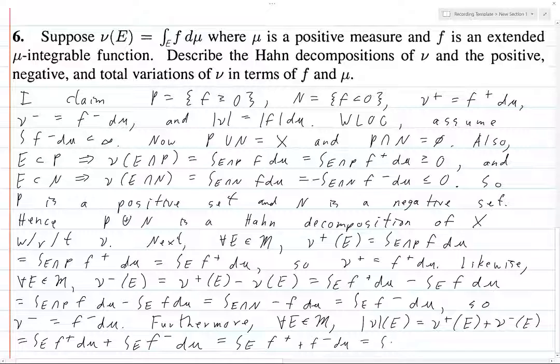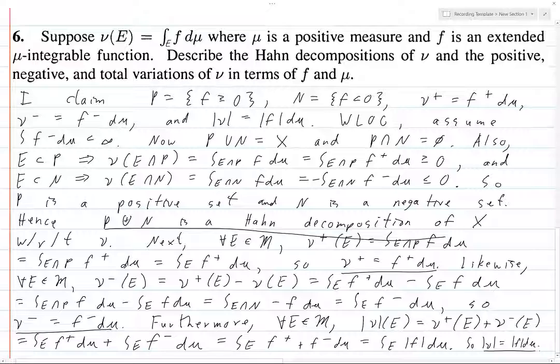And that's literally just the integral over E of the norm of f d mu. And that basically confirms everything that we wanted. We have this is a Hahn decomposition, we've got this, we've got this, and we got this. So nu equals f d mu. So we've got this, and we are done.